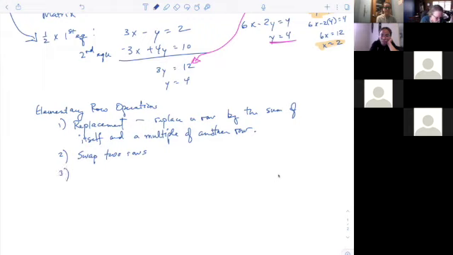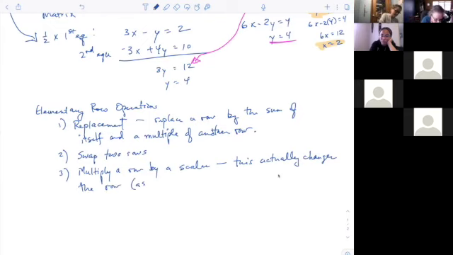The other elementary row operation is to multiply a row by a scalar. So this actually changes the row, as opposed to the replacement operation.